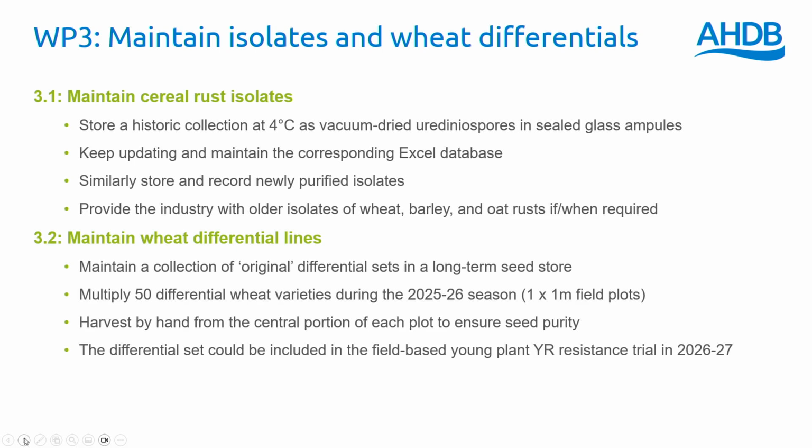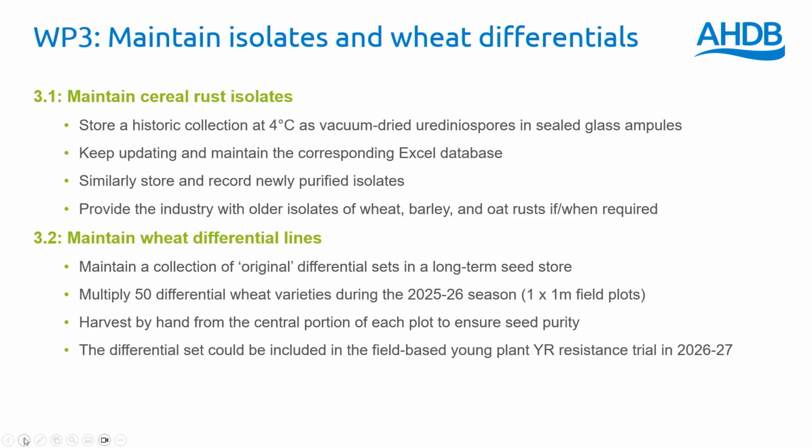Regarding the wheat differential lines, we will maintain all the original differential sets in our long-term seed store, but also next year we will multiply up to 50 differential wheat lines in 1 by 1 meter field plots. And if these materials become available in the 26-27 season, we can actually include the differential set in our young plant trial as well.